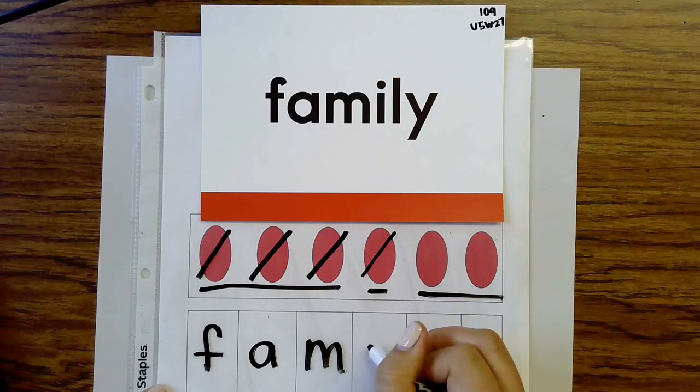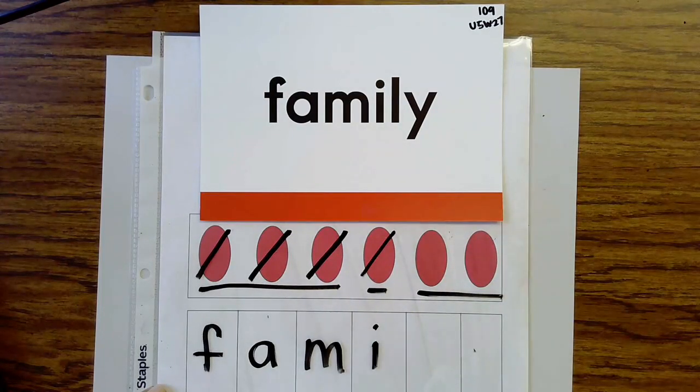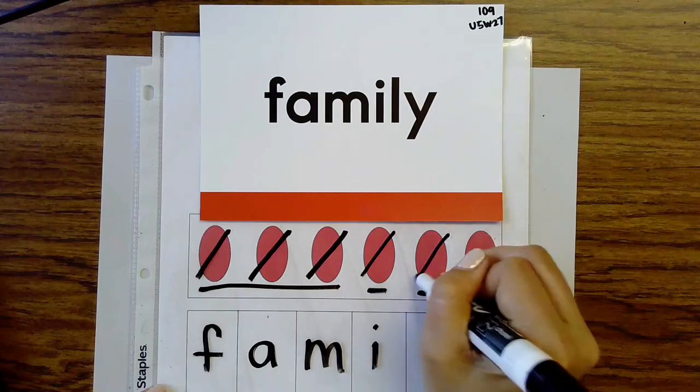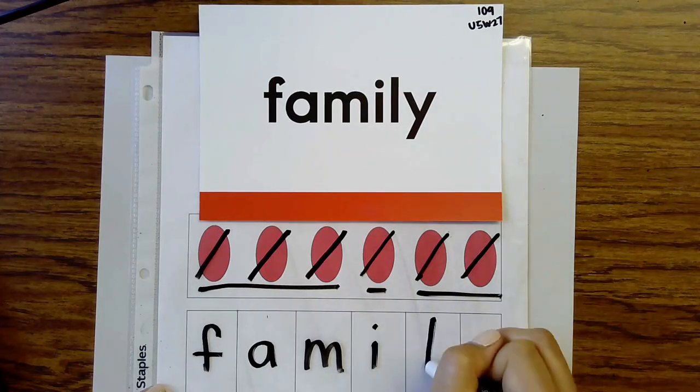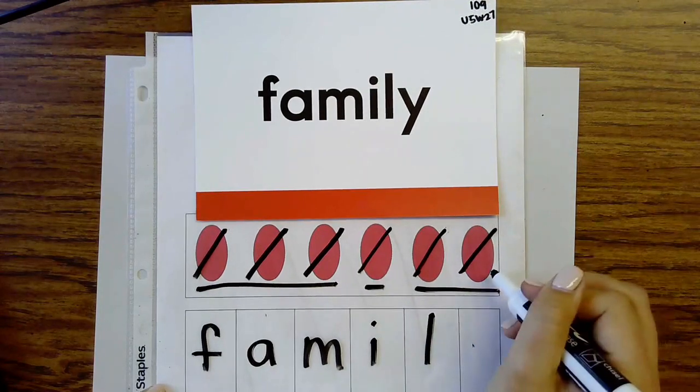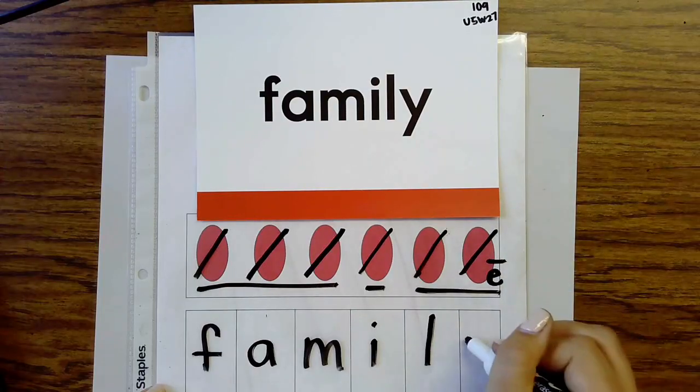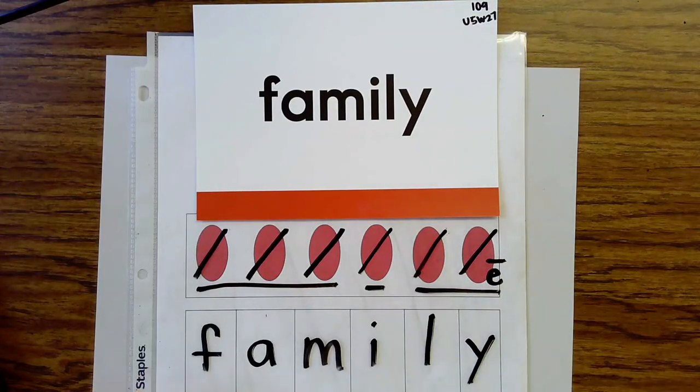I is the sound of a short I. Now we have the ending suffix ly. E. Being an L. And E, we hear a long E, but we know that is a Y. It is the word family.